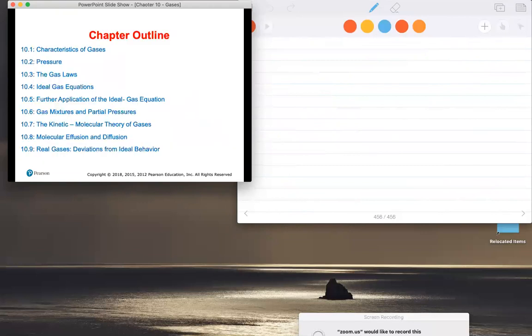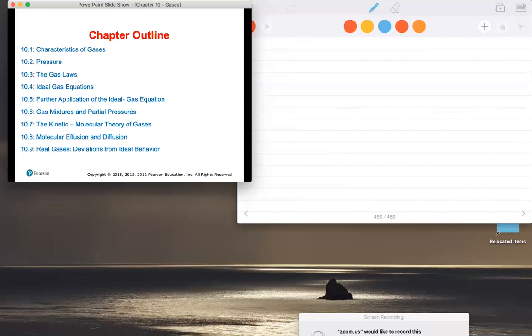This is what I intend to go through in chapter 10: characteristics of gases. I'm going to talk about the pressure and the gas laws. We're not going to look at all the gas laws, but just a few, and spend more time on the ideal gas law, because this is what you will need in the first experiment for Chem 2, which revolves around the ideal gas law.